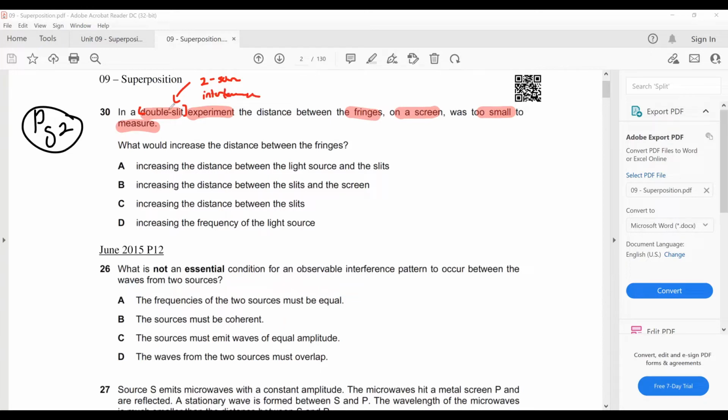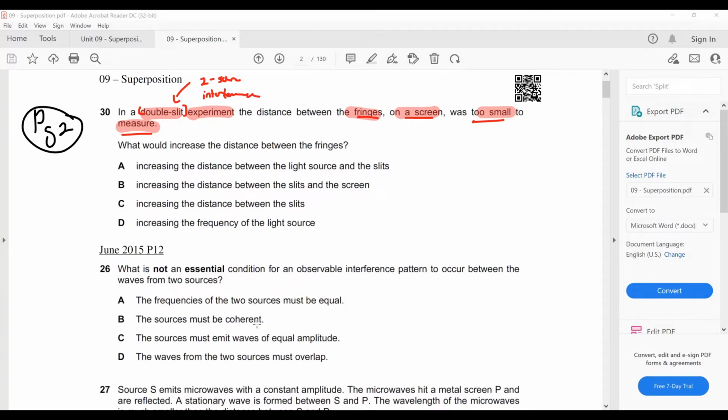This normally refers to Young's double slit experiment for light. So this is actually talking about the two source interference cases that we've discussed.